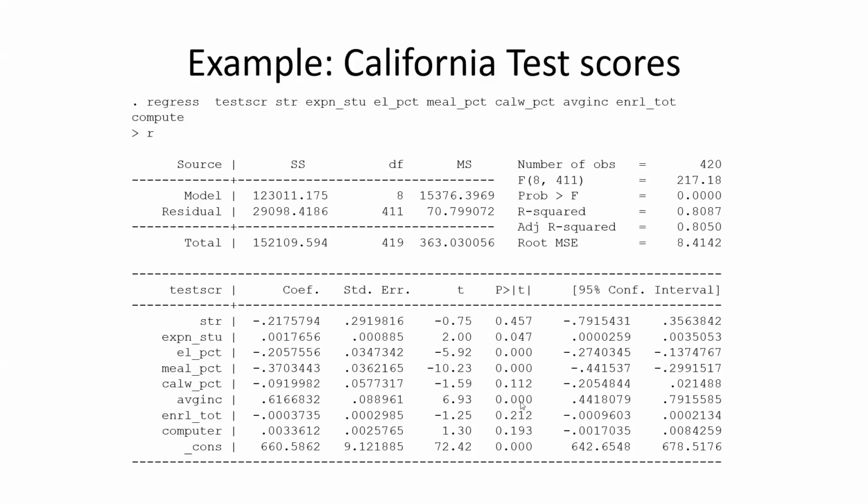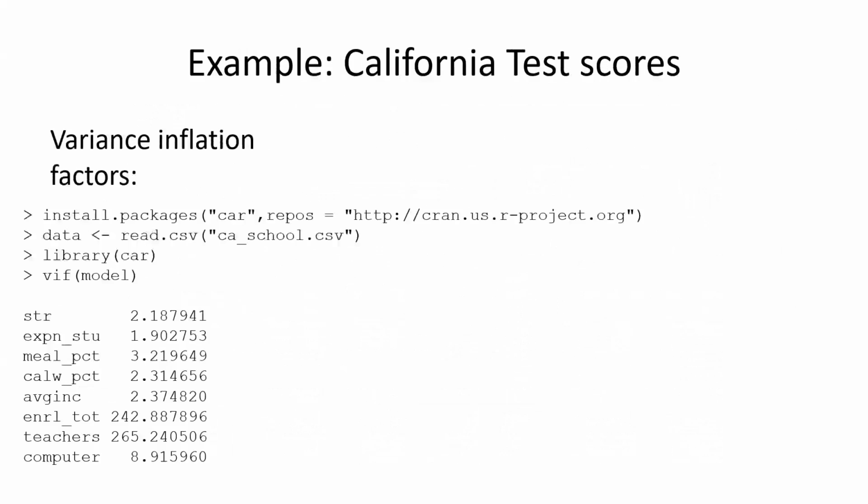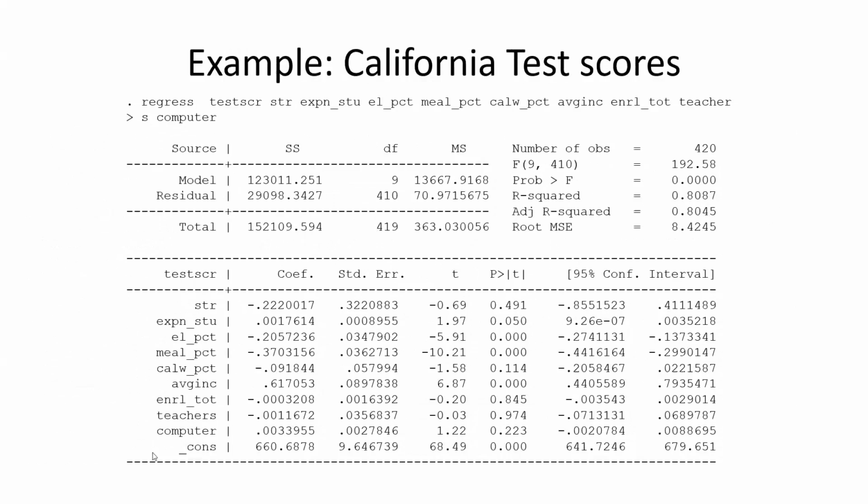So similar interpretation. The enrollment total is also not much different, but the standard error has changed dramatically. Here we have 3 zeros and then 2 9. And before, I'm going to go back some slides, bear with me, we had 2 zeros and then 1 6.